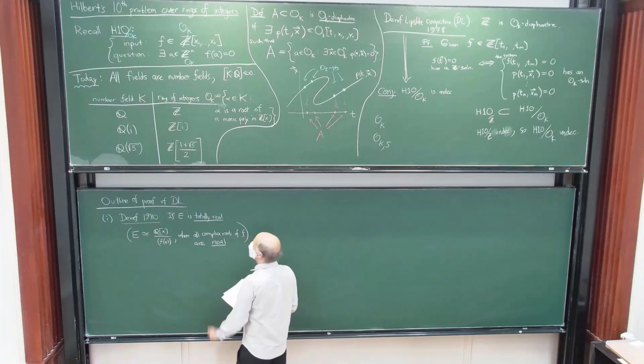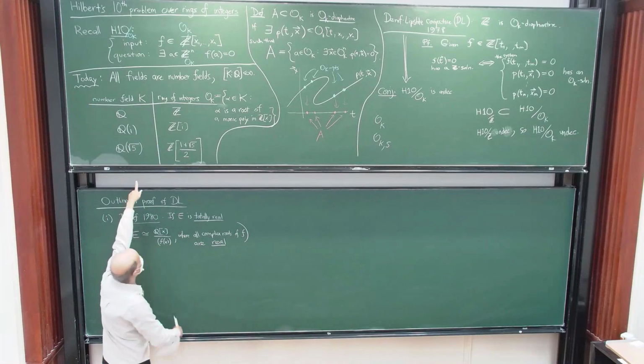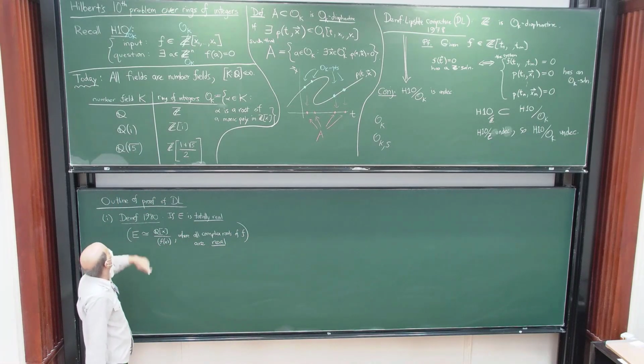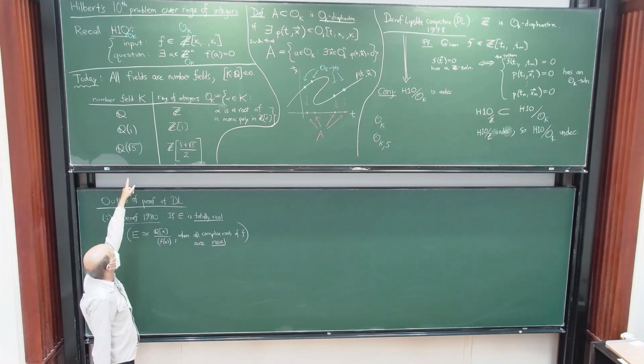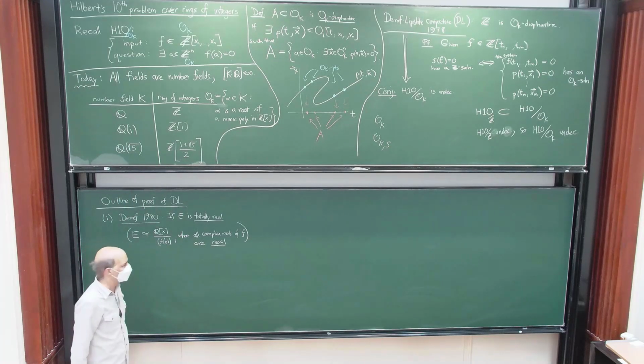So for example, Q adjoin square root of 5 would be an example because you could take f to be x squared minus 5, whose roots are all real.